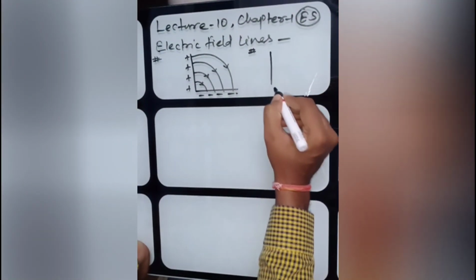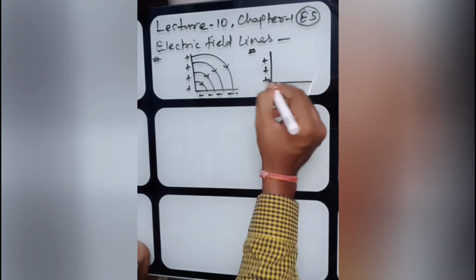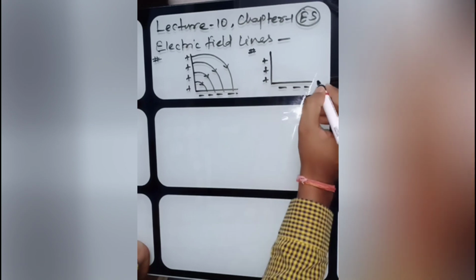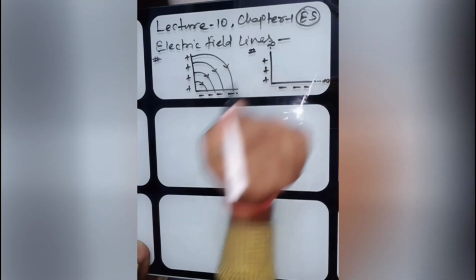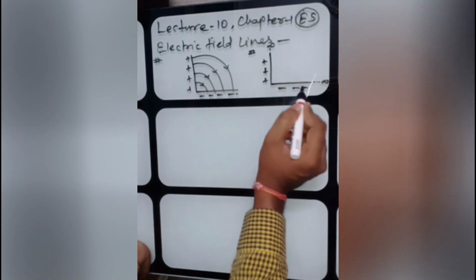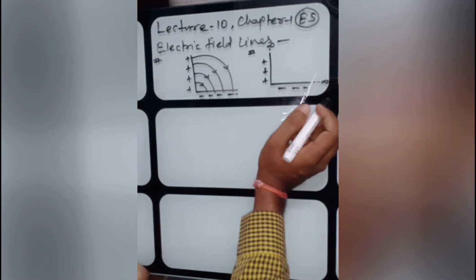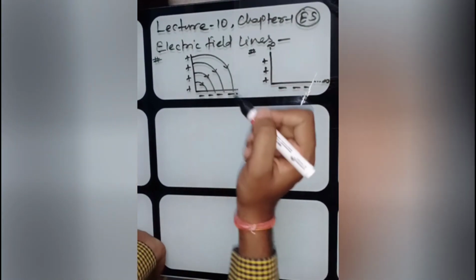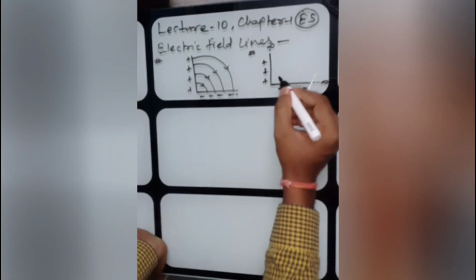Again, I'm giving you two charge sheets. This is positive and negative, but this is going to be at infinity. Two charge sheets of infinite length. Now, what will be the shape of the electric field lines? Try to draw if you can. Now, look at here.